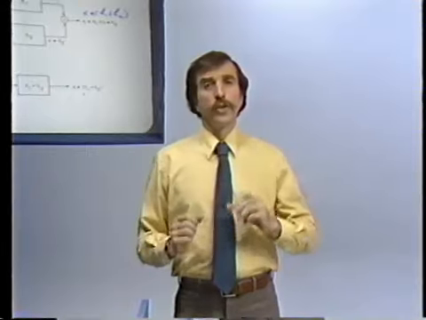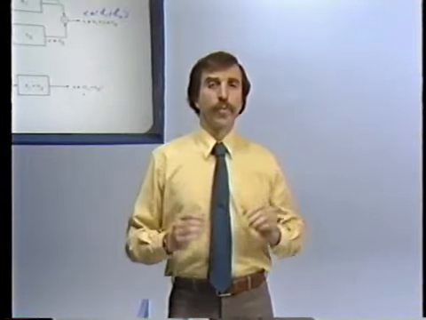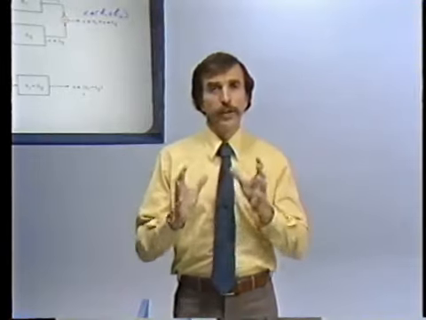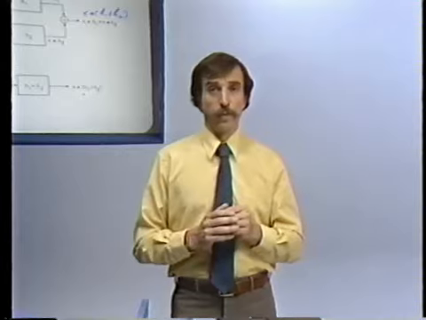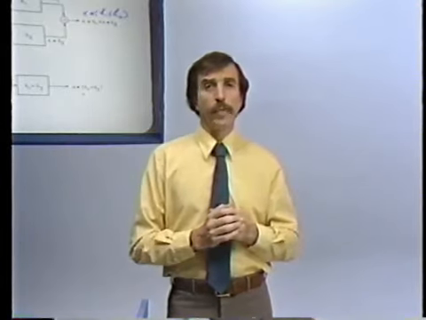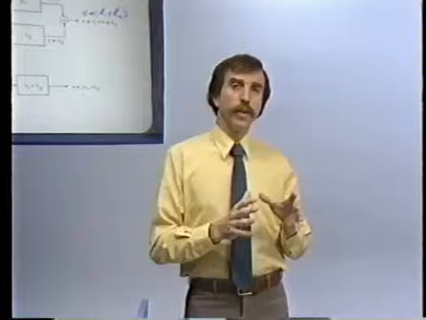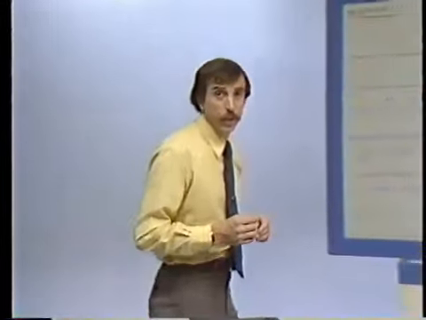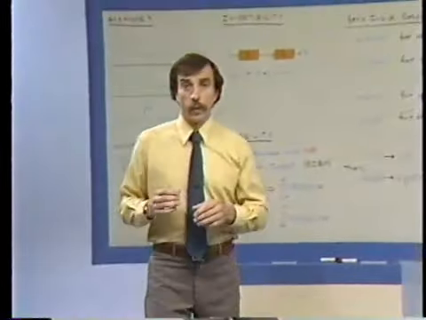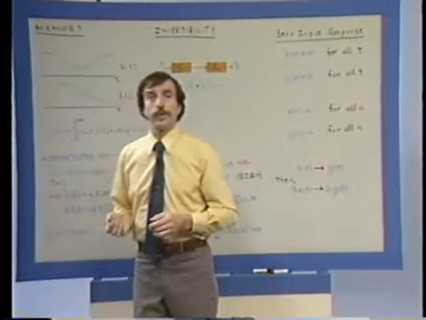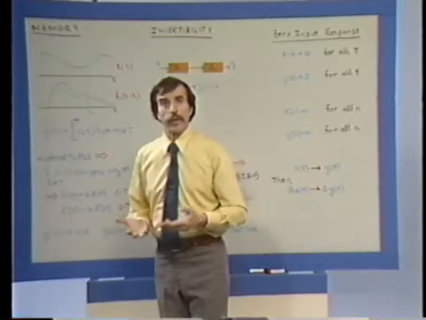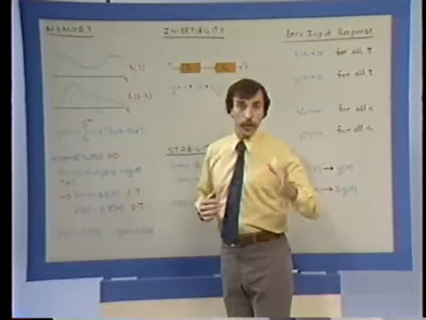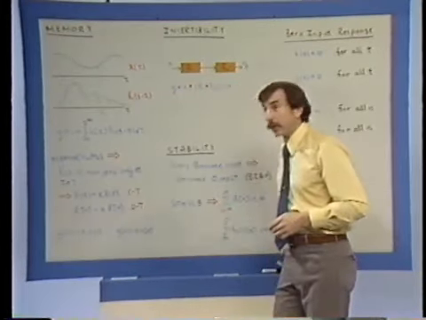What I'd like to turn to now are other system properties and see how, for linear time-invariant systems in particular, other system properties can be associated with particular properties or characteristics of the system impulse response. And what we'll talk about are a variety of properties. We'll talk about the issue of memory, we'll talk about the issue of invertibility, and we'll talk about the issue of causality and also stability.